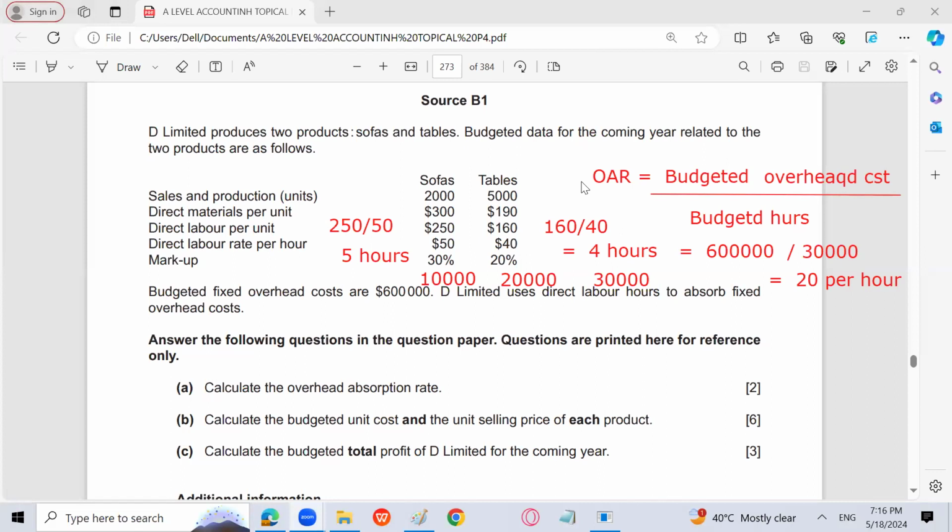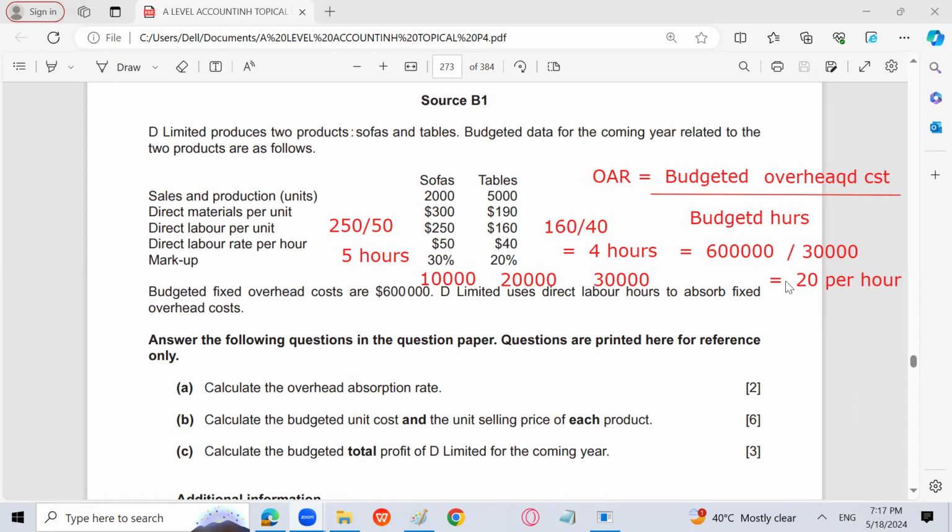Okay. So next, let's see. Calculate the budgeted unit cost and the unit selling price. So let's calculate it. Overhead cost per unit, how much is it going to be? 20 per hour. So overhead is going to be $50 per hour. Direct labor rate per hour is $50. And 20 per hour is the cost.